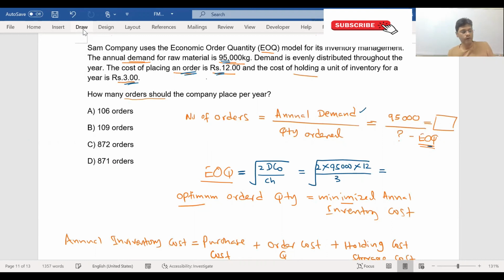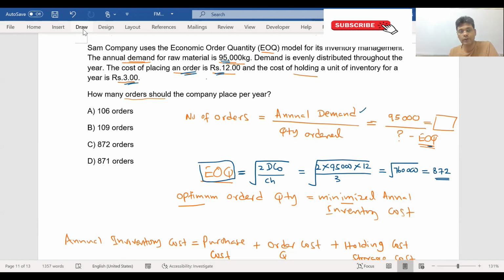When you simplify this, 2 times 95,000 times 12 divided by 3 will be 760,000. If you take the square root of 760,000, that will be 871.77, so we can say 872. The economic order quantity is 872, but this is not the answer.